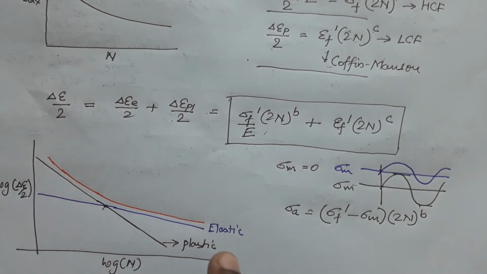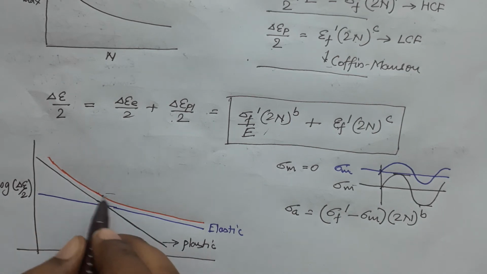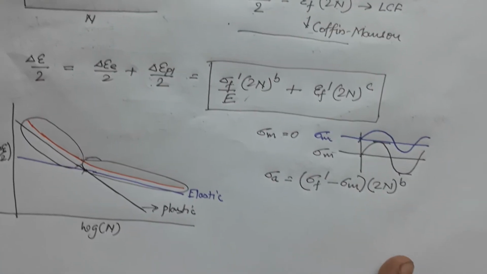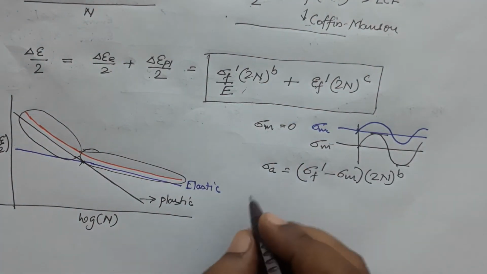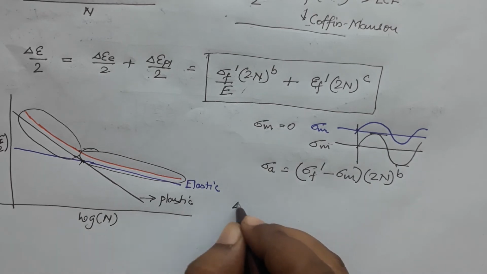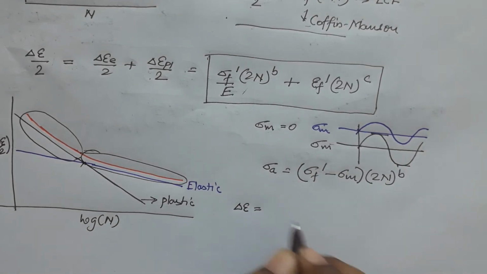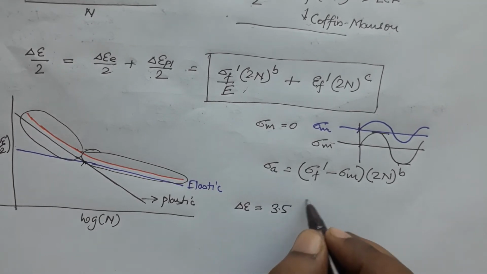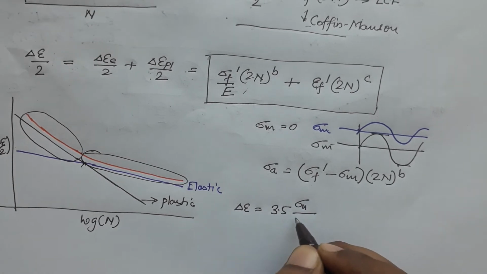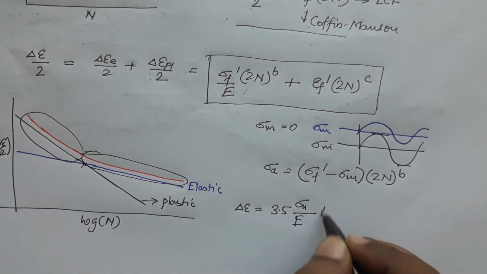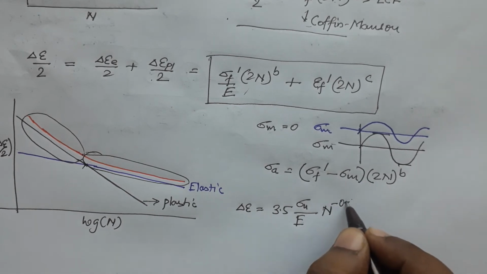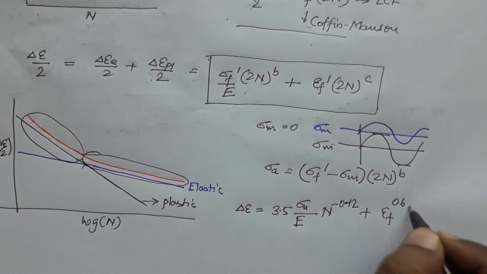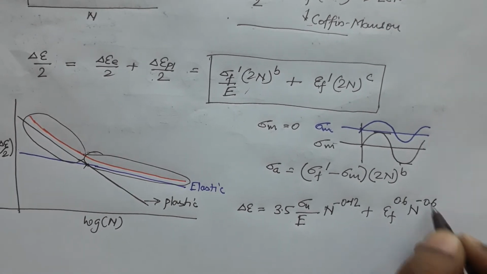And then in order to unify the high cycle fatigue region, which is this part, and the low cycle fatigue region, which is that part, Manson, from Coffin-Manson, again proposed another equation, without much of a theoretical proof but an empirical one. It is something like this, where you have sigma u divided by E into n to the power minus 0.12 plus E f to the power 0.6 into n to the power minus 0.6.